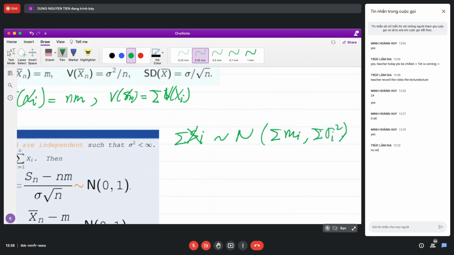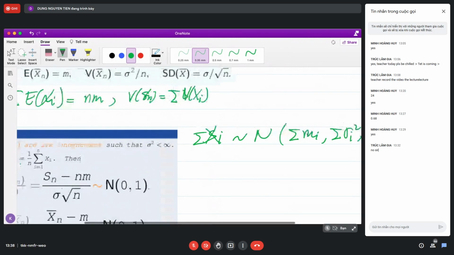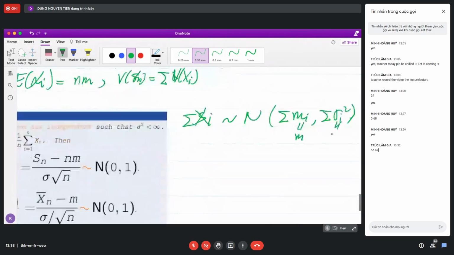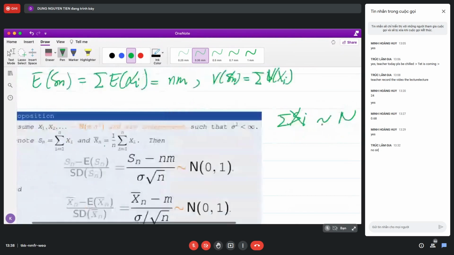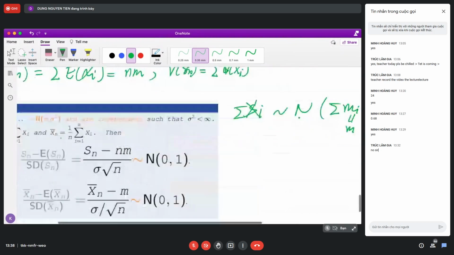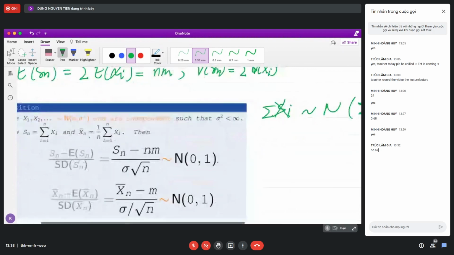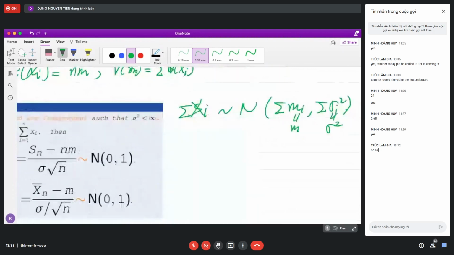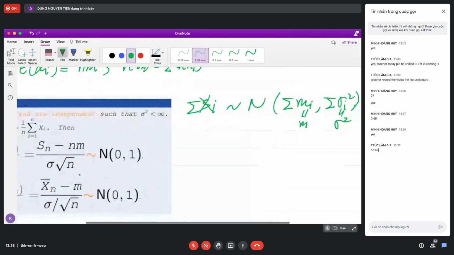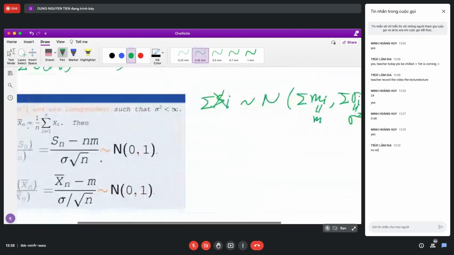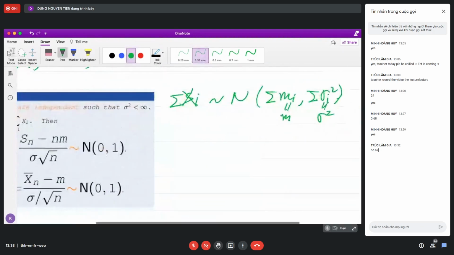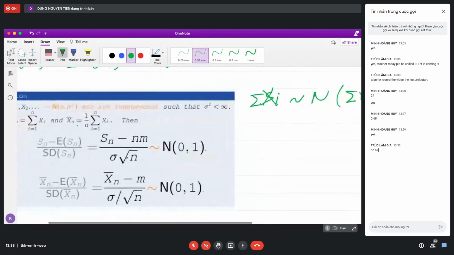Because each mean is the same, m, and each variance is sigma squared, the mean of Sn is n times m, the variance of Sn is sigma squared times n, and the standard deviation is sigma times the square root of n.